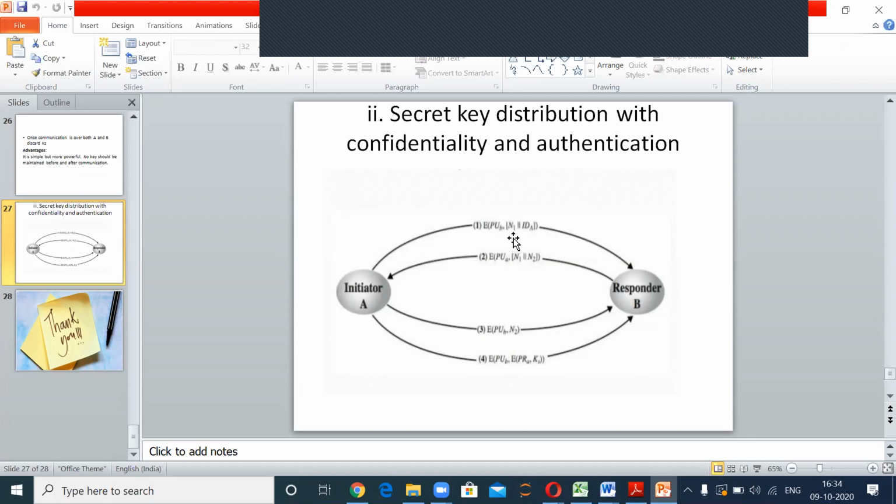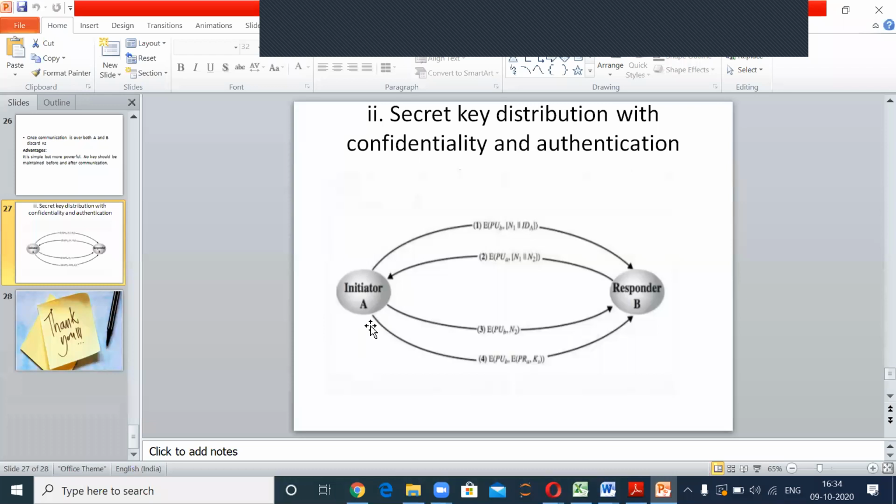Some unique identification, a nonce, can be used for this purpose. After receiving, the responder decrypts by using his private key. After that, the nonce that was sent is concatenated with his own nonce, his own unique identification, and encrypted by using the initiator's public key, so that the initiator can easily decrypt it by using his private key.